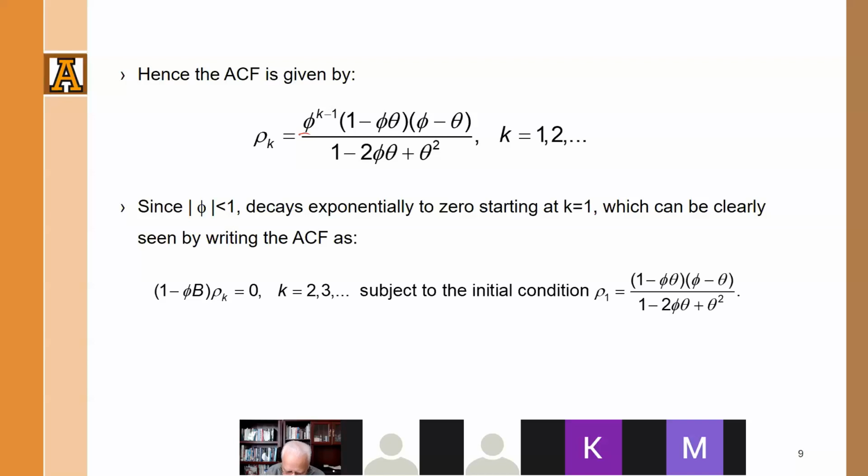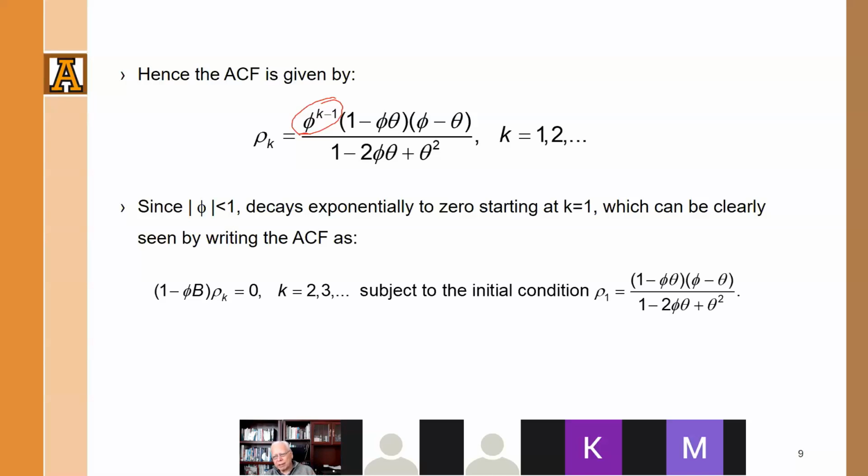But the important thing is that I have phi here raised to a power for k equal 1, 2, 3, 4. Starting with k equal to 1, phi to the k minus 1 is going to be 1 here. The next term, rho sub 2, will have phi.